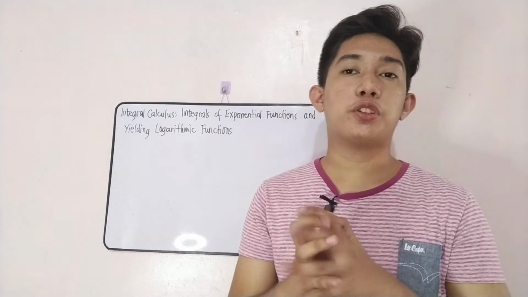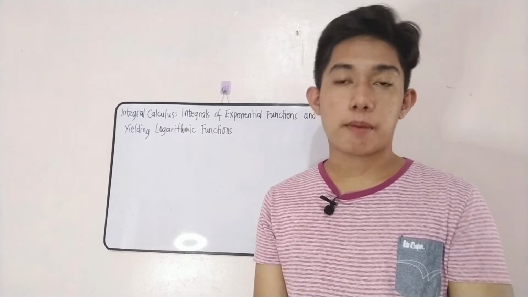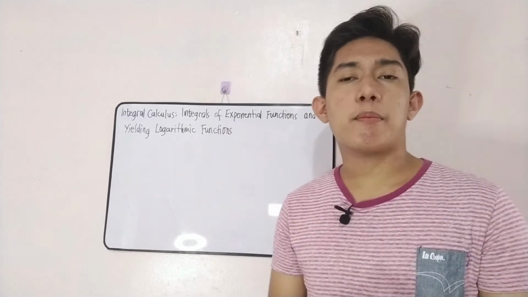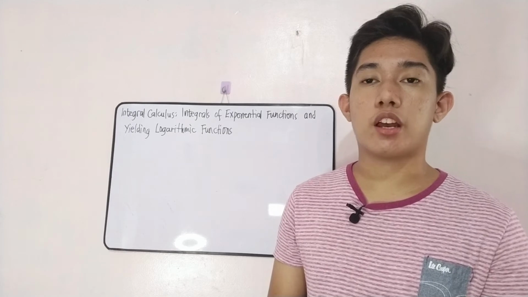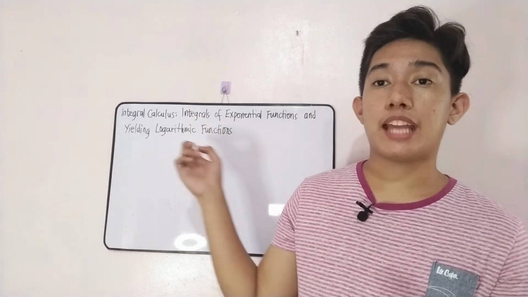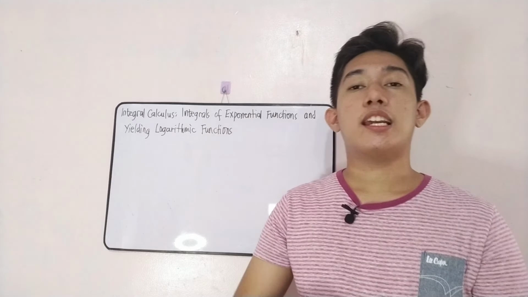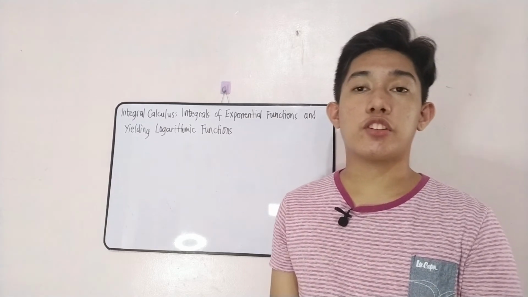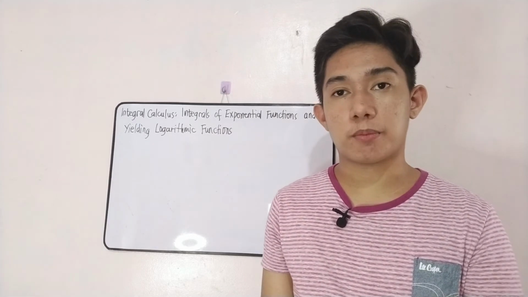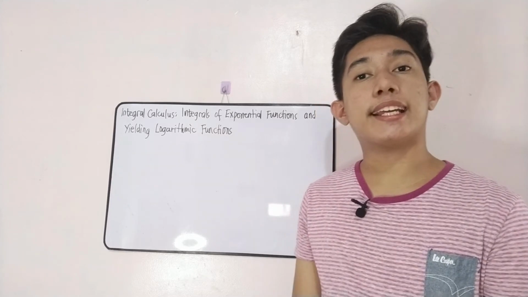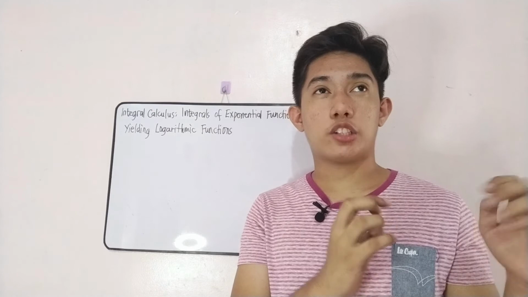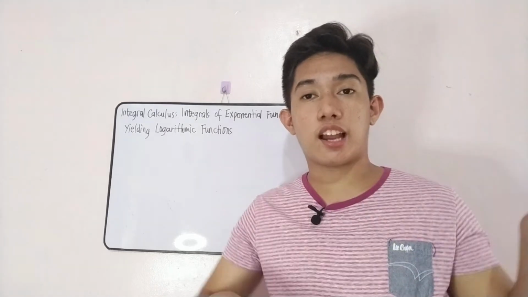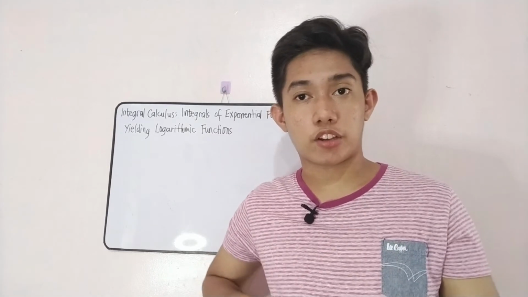So for this session, we will talk about the basic rules of integration. But this time we will talk about some rules involving exponential functions and some rules of integration yielding logarithmic functions. When we say yielding, it means the result of the integral, the answer, is a logarithmic function.